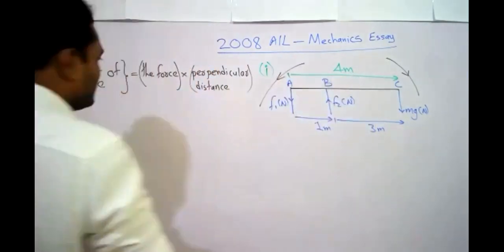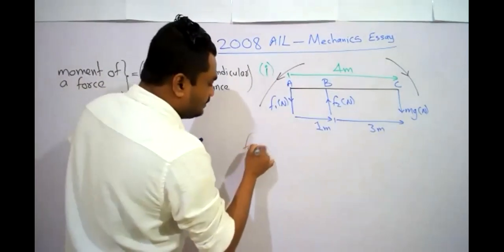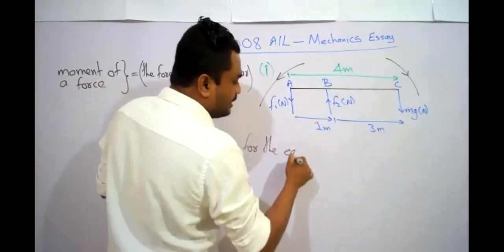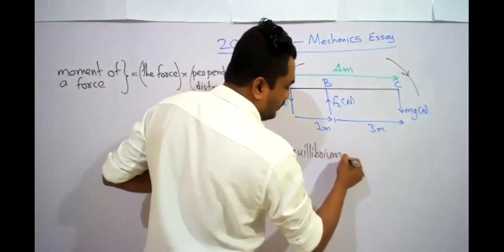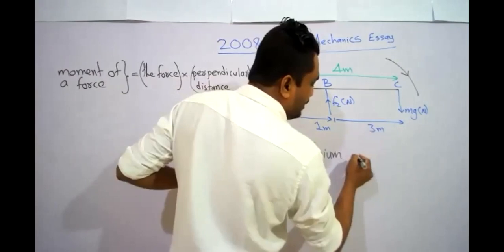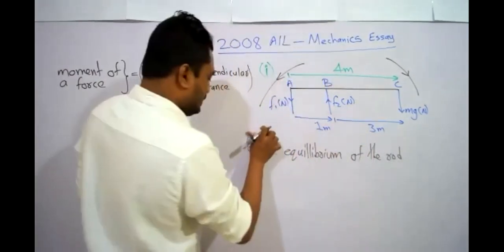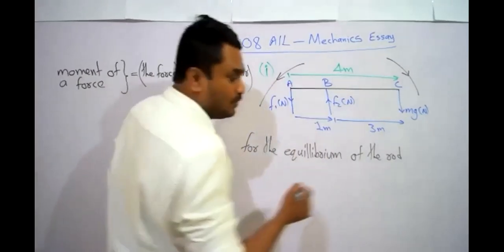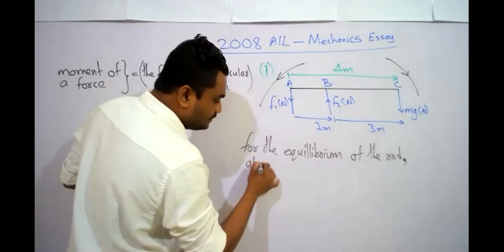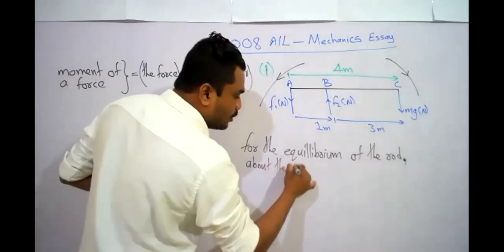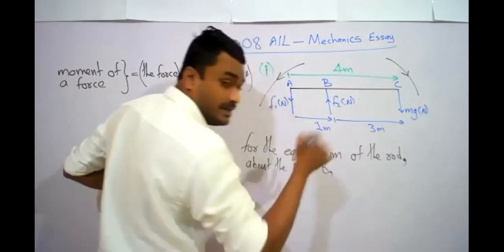So we can write an equation something like this. Look at the board here. For the equilibrium of the rod, about the point B, what's the condition? Please wait, I'll explain again.